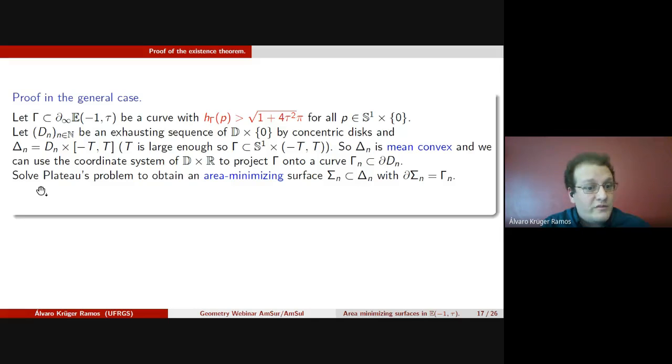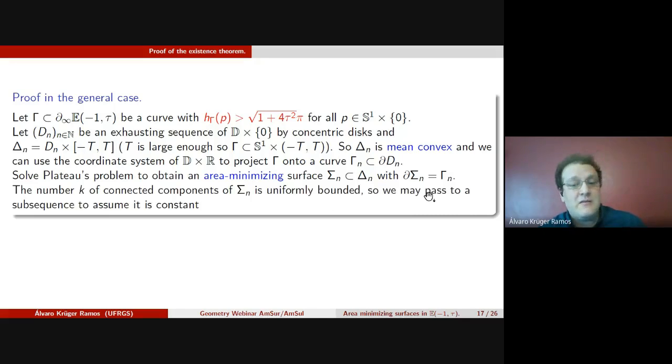Okay, so then we solve Plateau's problem, and you find an area minimizing surface in that domain with that particular boundary. And we know that the number of connected components of this surface is uniformly bounded by the number of connected components of gamma, which is finite. So we may pass to a subsequence to assume that the number of connected components of sigma n is constant.